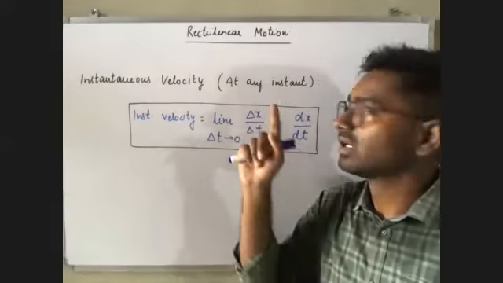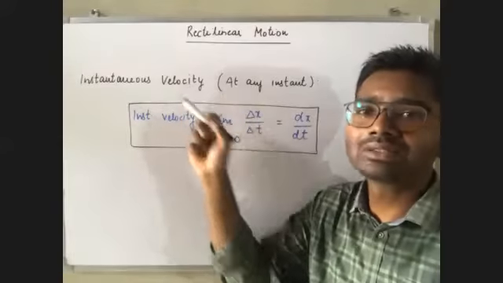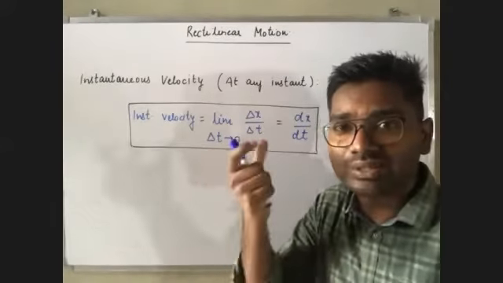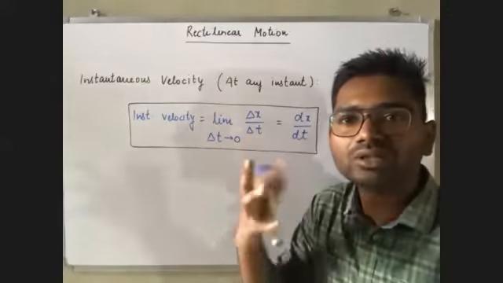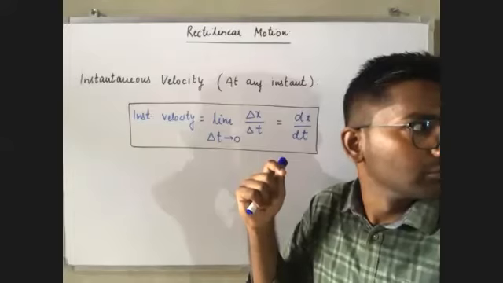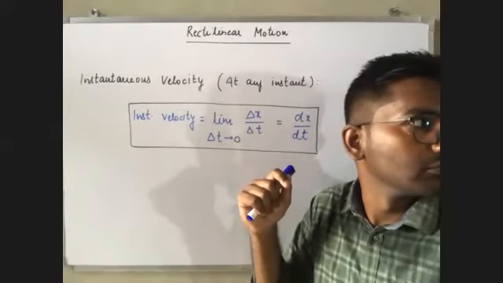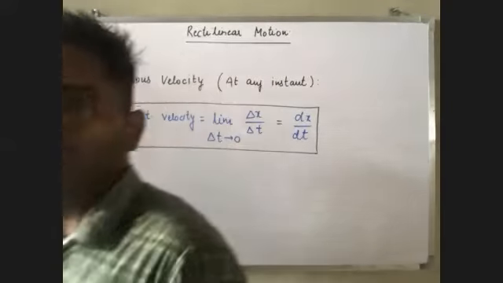Is it clear when it will be displacement and when distance? Velocity is a vector quantity, so I take displacement, which is a vector quantity, while the time interval is not a vector quantity. Clear? Everyone noted down the formula.